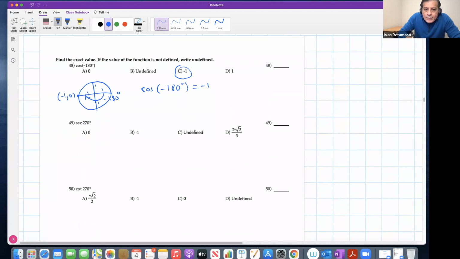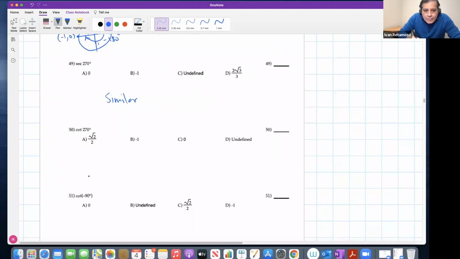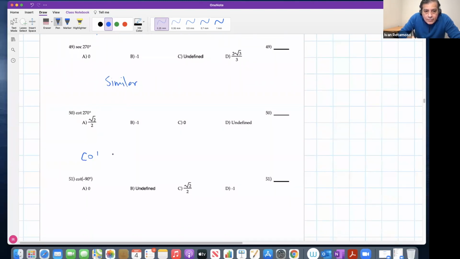And similarly here, just look at where 270 is here, use the coordinates, so similar. This one perhaps may cause some trouble, so let's do it. What is the answer for cotangent? Cotangent, you know, is cosine over sine, right? Cosine of this guy over sine of this guy.